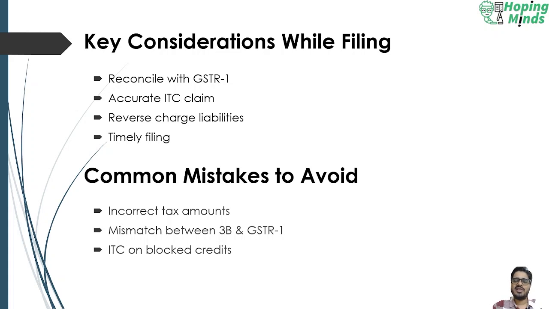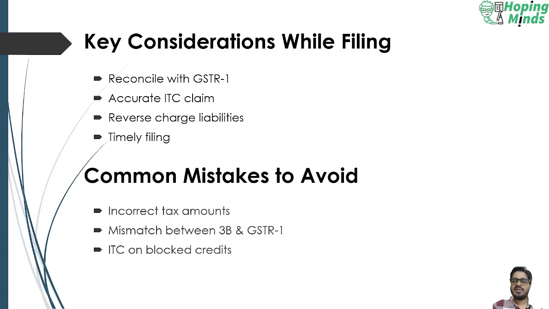Then reverse charge liabilities. The reverse charge liabilities must be declared and corresponding inputs must be claimed in the GSTR-3B return. Timely filing. Timely filing allows proper compliance and avoids penalties, interest and late fees. Then common mistakes to avoid: incorrect tax amount.